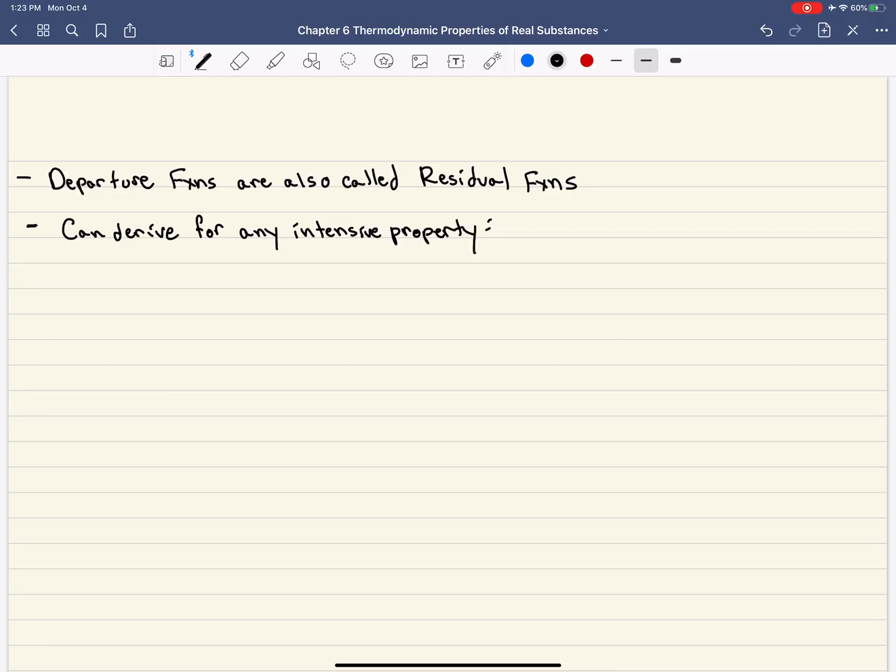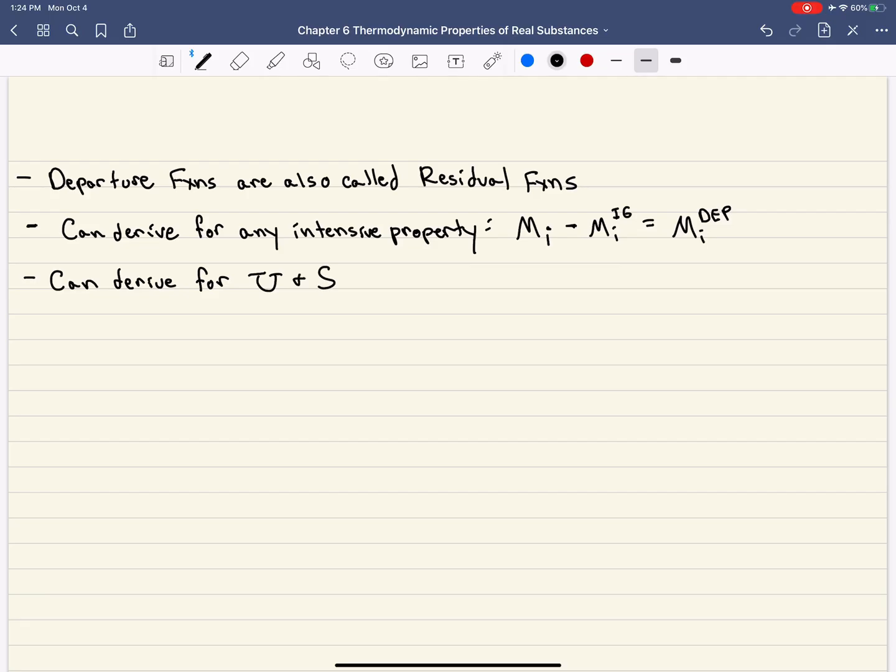The general form would be the same, where let's say M is just some arbitrary intensive property, and if you take your actual value minus the ideal gas version of that value, the departure function would be the difference between the two.